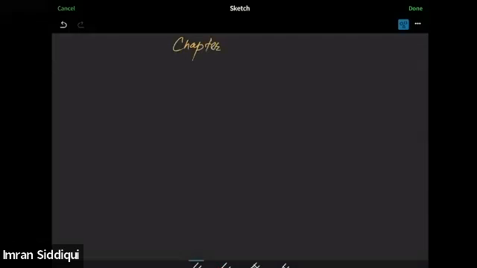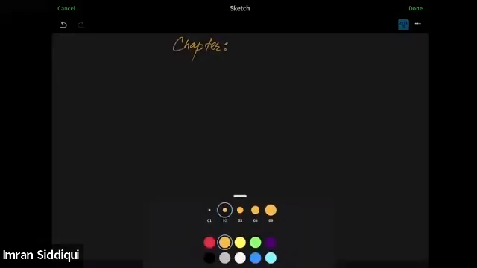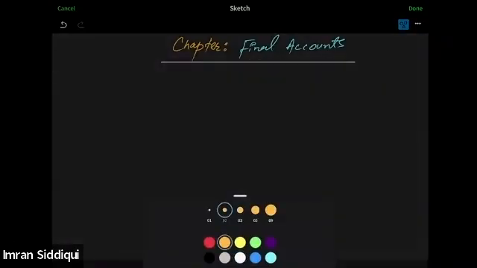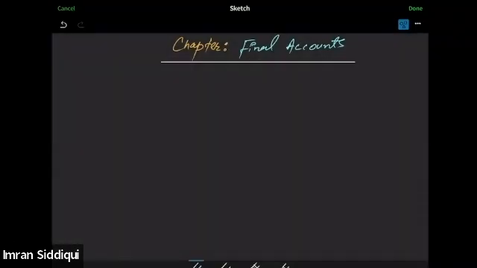So this is chapter number 14, final accounts. We'll first start with the meaning of final account. What is final account?